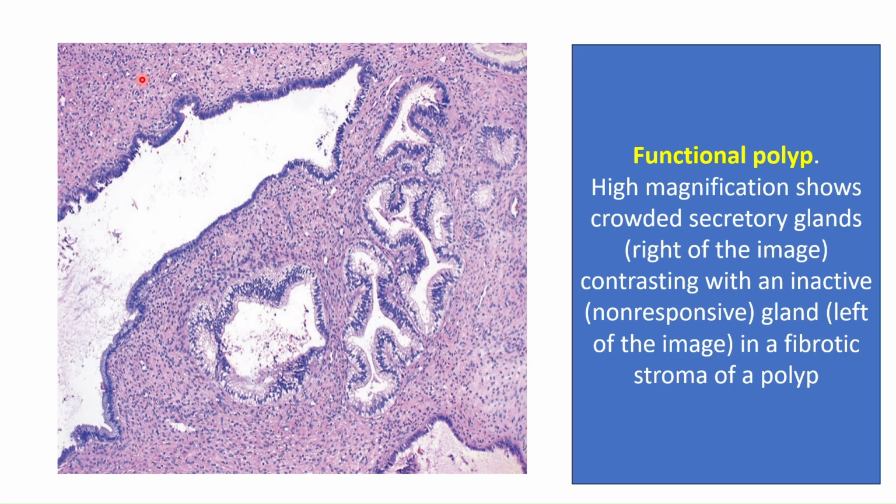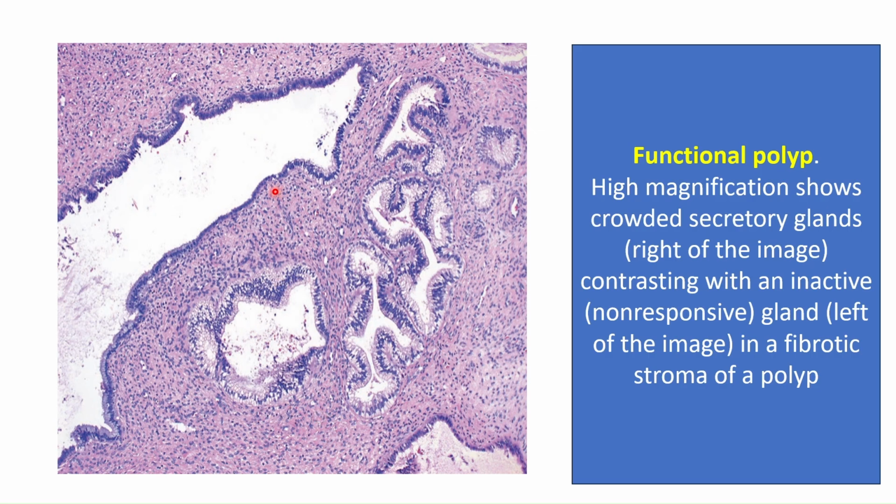Here, a high power view of a section shows crowded secretory glands, which contain vacuolization inside the gland epithelial cells.